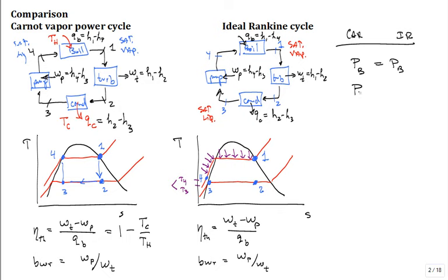Likewise, the pressure in the condenser is the same between the two systems. And now you could go around and ask, how does the temperature at state 1 for the ideal Rankine compare to the temperature at state 1 for the Carnot? Is it greater than, equal to, or less than? How does it compare?